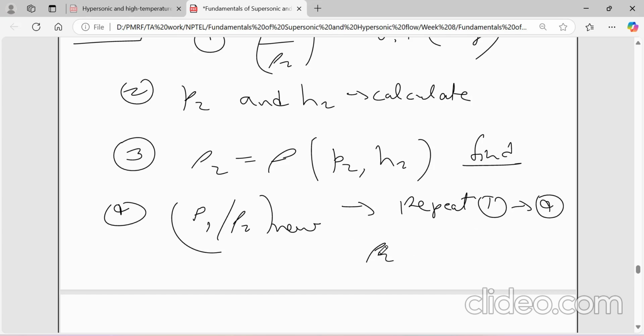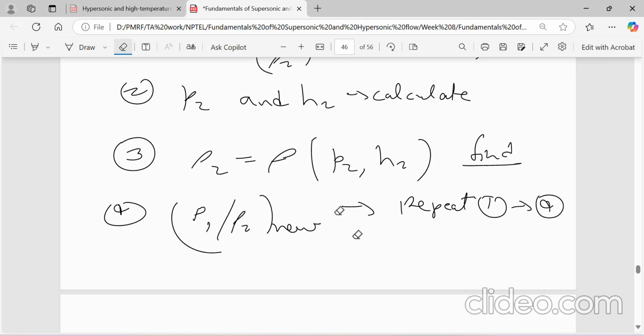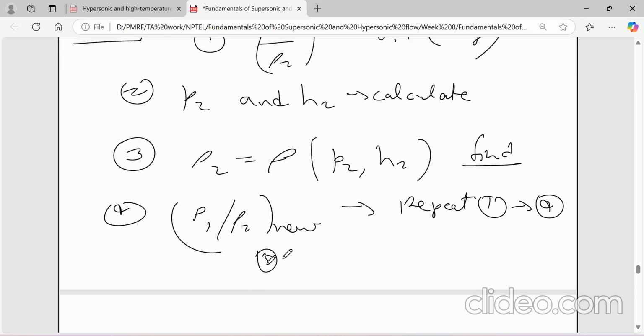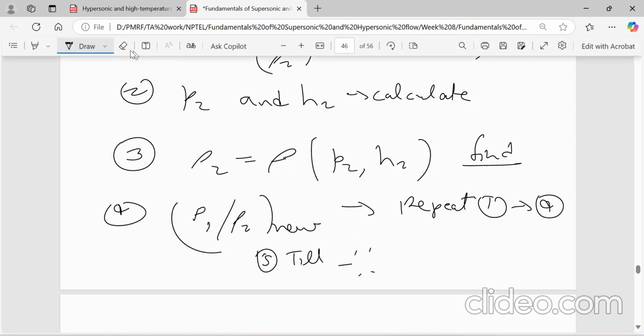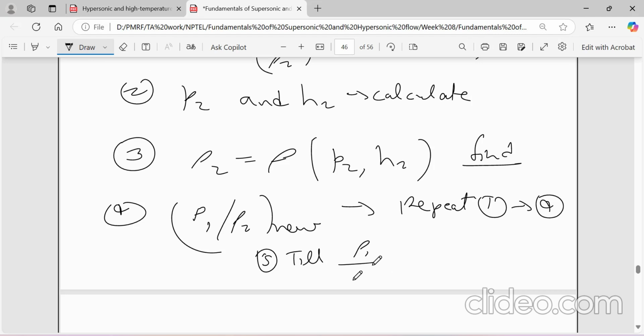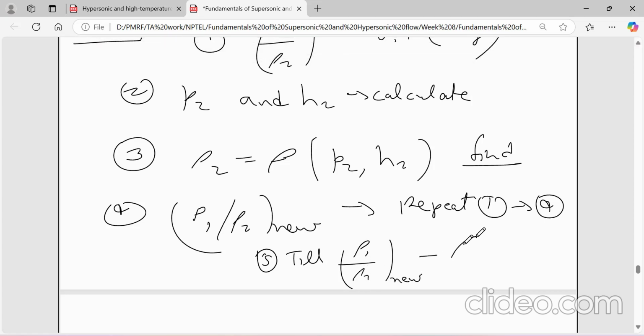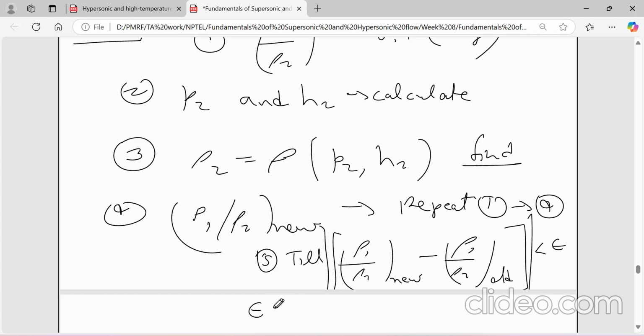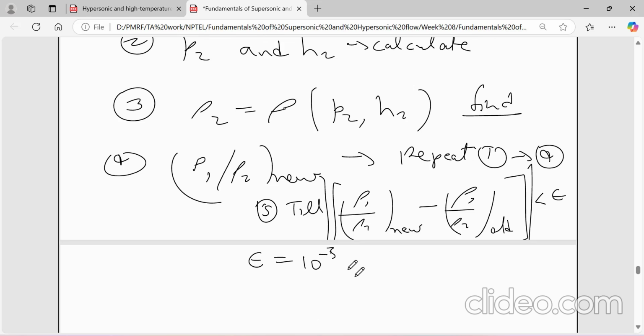We will do it till the modulus of rho 1 by rho 2 new minus rho 1 by rho 2 old is less than epsilon, where epsilon is 10 to the power minus 3, or you can take better convergence also, like 10 to the power minus 6 or something.